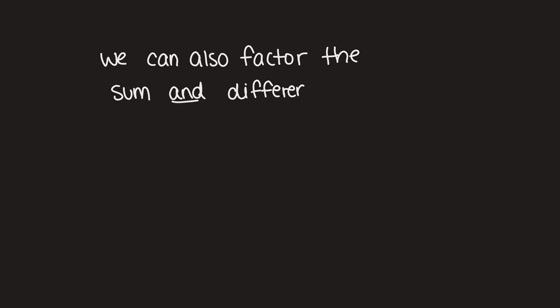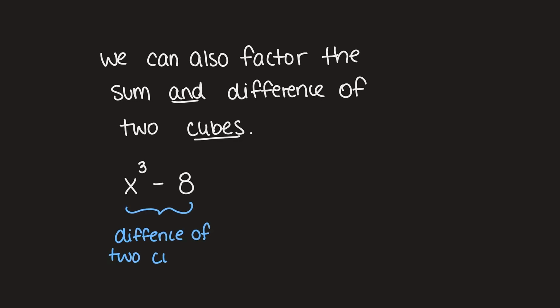So we can also factor the sum and difference of two cubes. So for example, x cubed minus 8 is a difference of two cubes. X cubed is a cube because it is raised to the third power, and 8 can actually be written as a cube if we rewrite it as 2 to the third power.